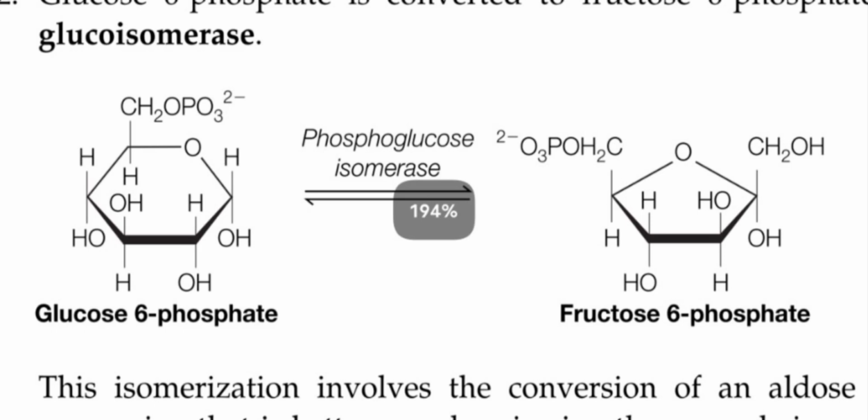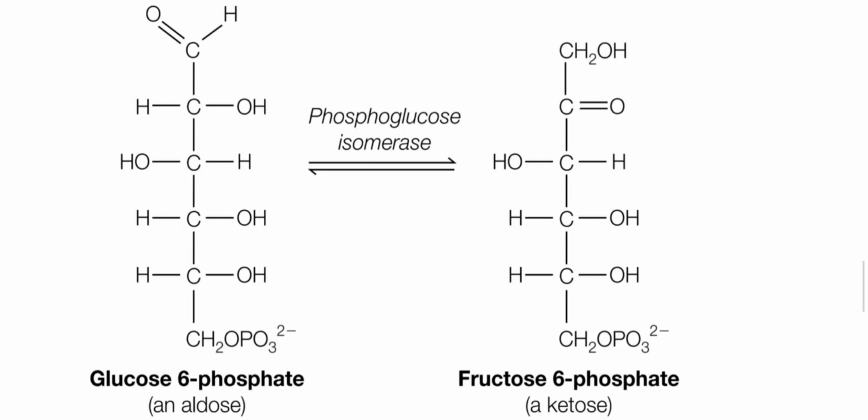For understanding why this reaction is taking place, and the significance of this reaction, we need to have a look at the open chain structures. So glucose 6 phosphate is an aldose sugar, and the carbonyl group, as you can see, is at the first carbon. So in an aldose sugar, the carbonyl group is present at a terminal of the molecule.